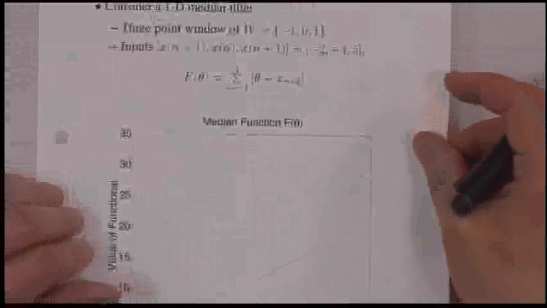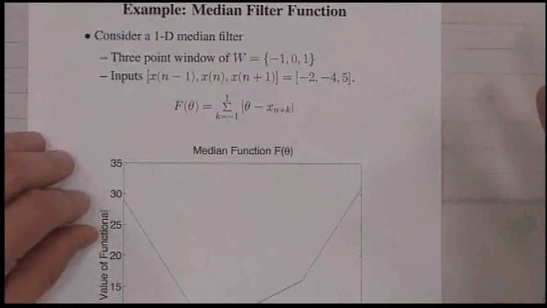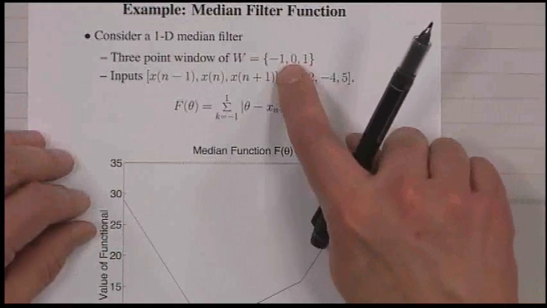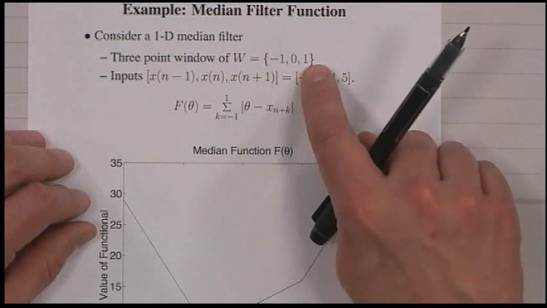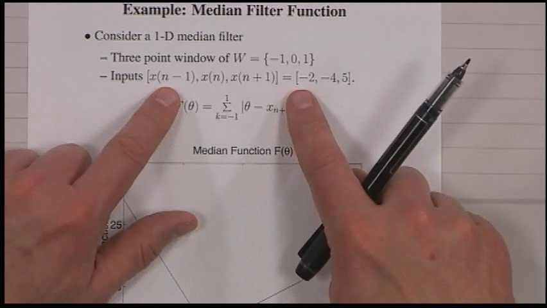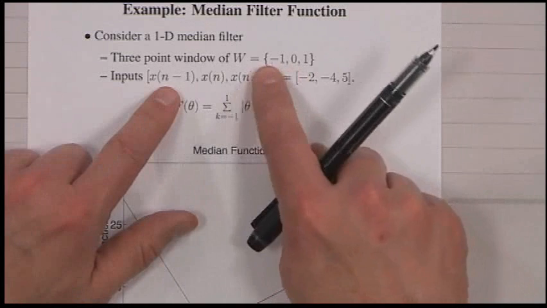The function looks exactly like this in this particular case. To plot the function, we have to actually assume some values, otherwise we can't plot it. So let's assume the window is -1, 0, and 1.